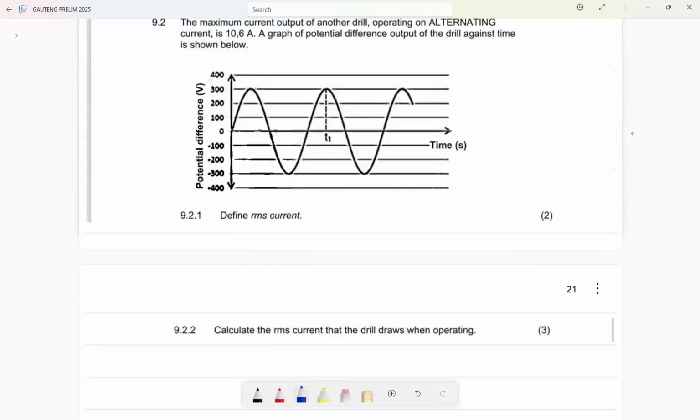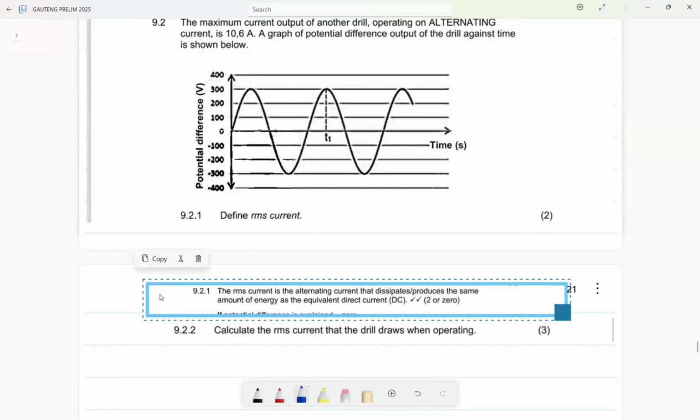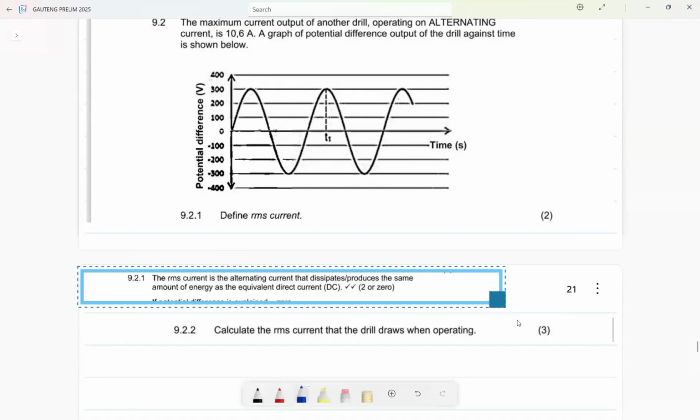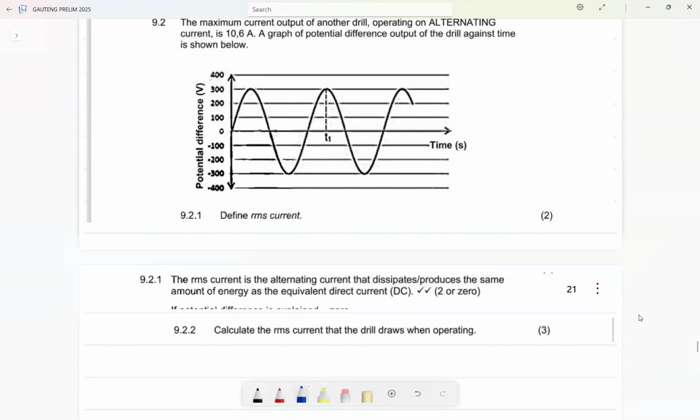9.2, define RMS current. You should know this off by heart. This is how we define the RMS current.